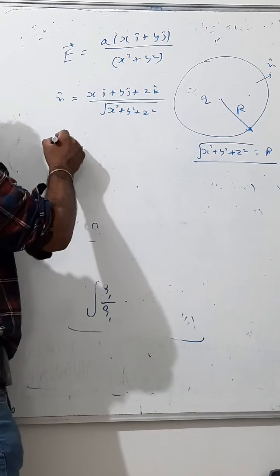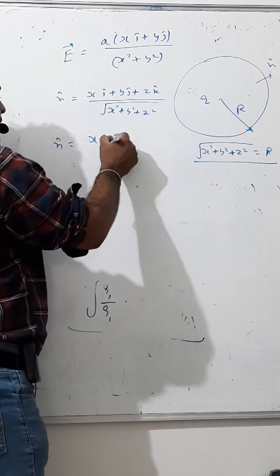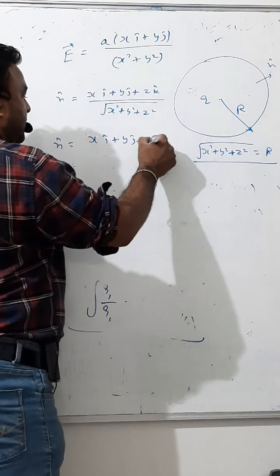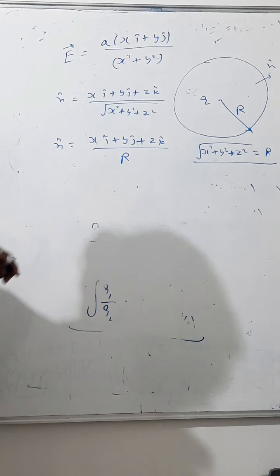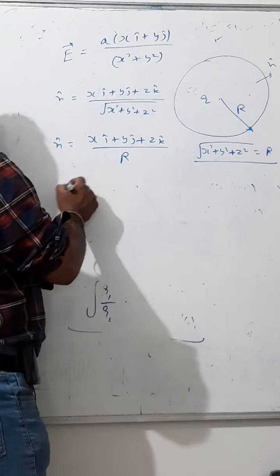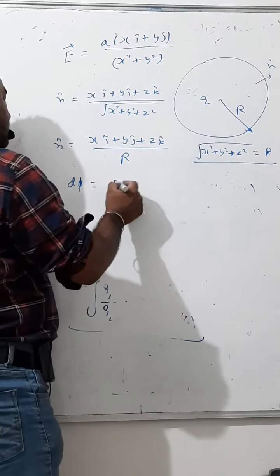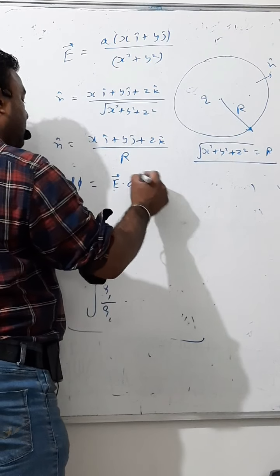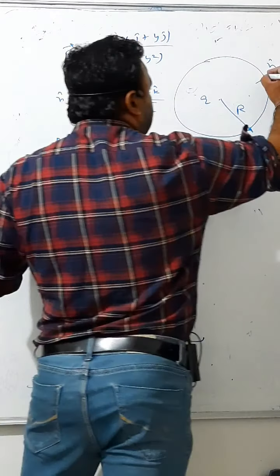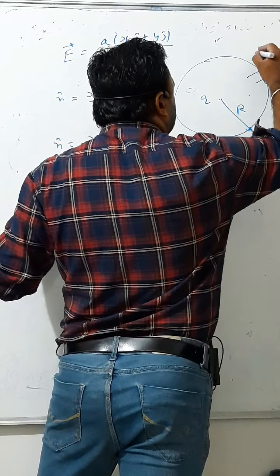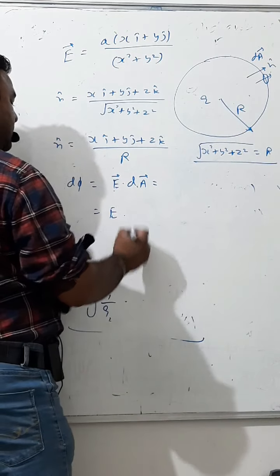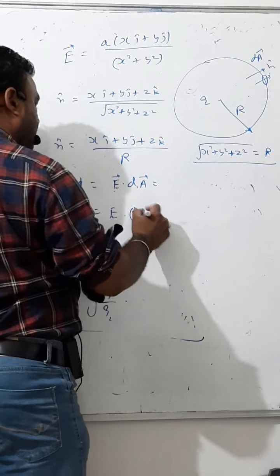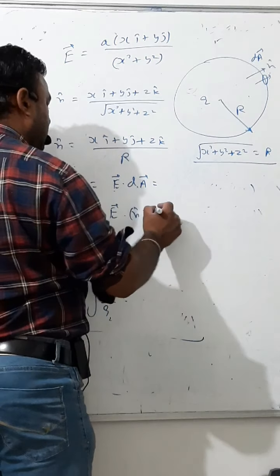You can write n cap as (x i cap plus y j cap plus z k cap) upon r. Now we have d phi equals E dot dA, this is the direction of dA. This is E dot n cap into dA.